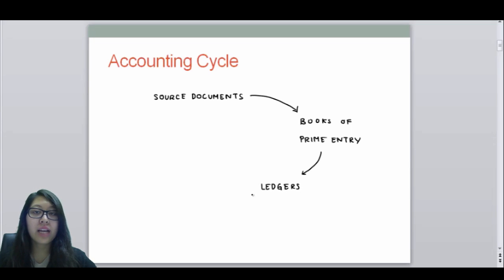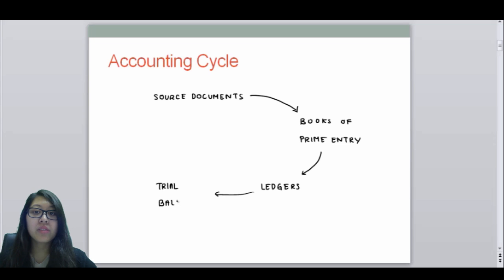Ledgers are also known as T accounts, and there are 2 types. After having posted all of the information from the books of prime entry in the ledgers, we're then going to summarize them into the trial balance.